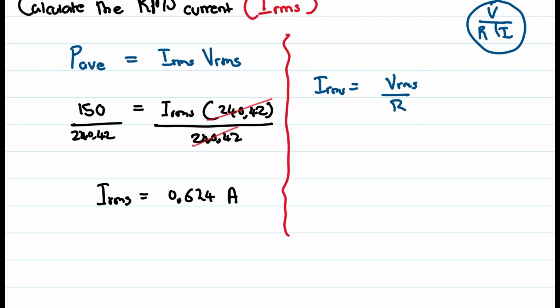So we are looking for IRMS; we need VRMS and the resistance.